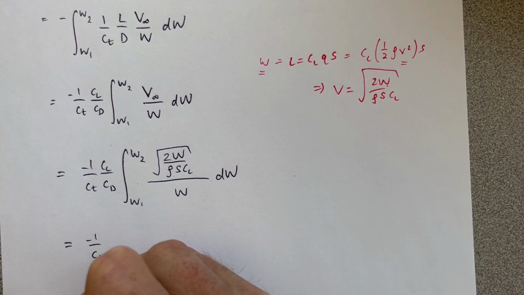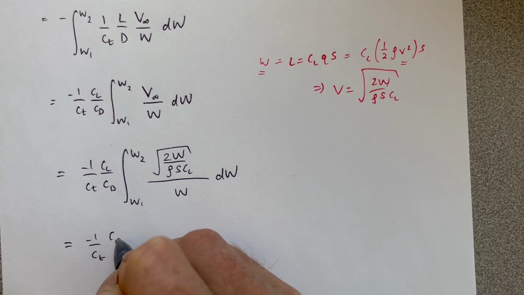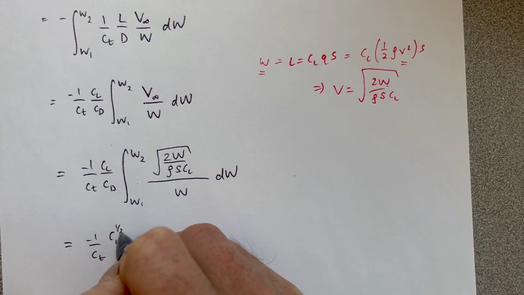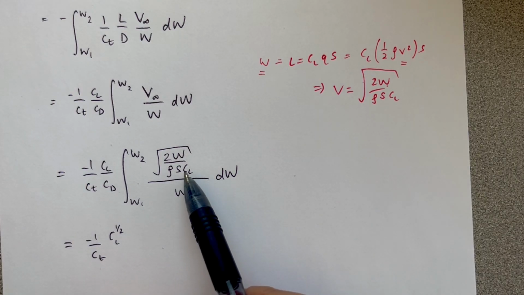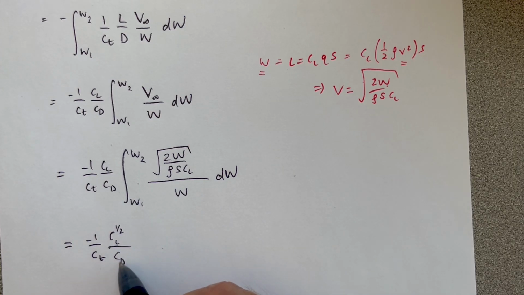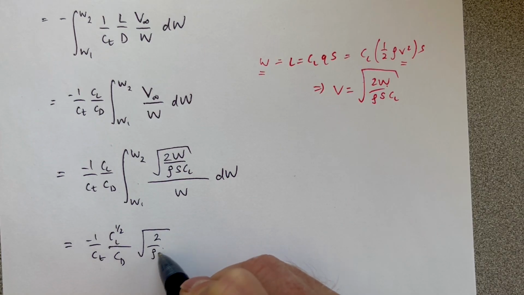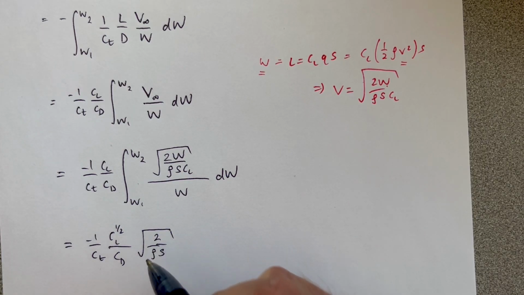And that will give me the following. 1 over CT, I'll have a CL to the half, because I've got CL to the half in the denominator inside that I'm going to bring out. And then I've got square root of 2 over rho S at the front.